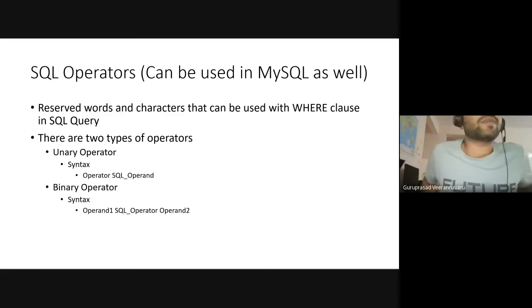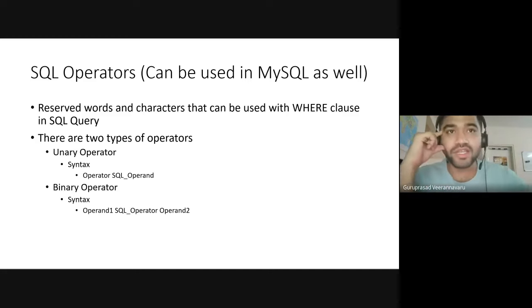One is the unary operator and another is the binary operator. In a unary operator, we only use one operand, and in a binary operator, we use two operands. That is the only difference.